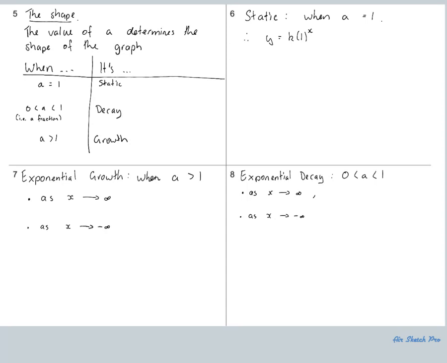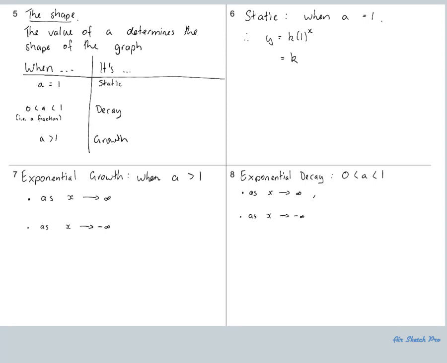But again, this simply uses the idea that if y equals k times 1 to the power of x, so if I'm saying A is the value 1, then k times 1 to the power of x is simply going to be k, right? Because 1 to the power of anything is just 1. 1 to the power of 97 is 1 times 1 times 1, 97 times. It's just equal to 1. 1 to the power of a half is the square root of 1, and the square root of 1 is 1, etc. So it doesn't matter what we do. We raise 1 to that power, we get 1.